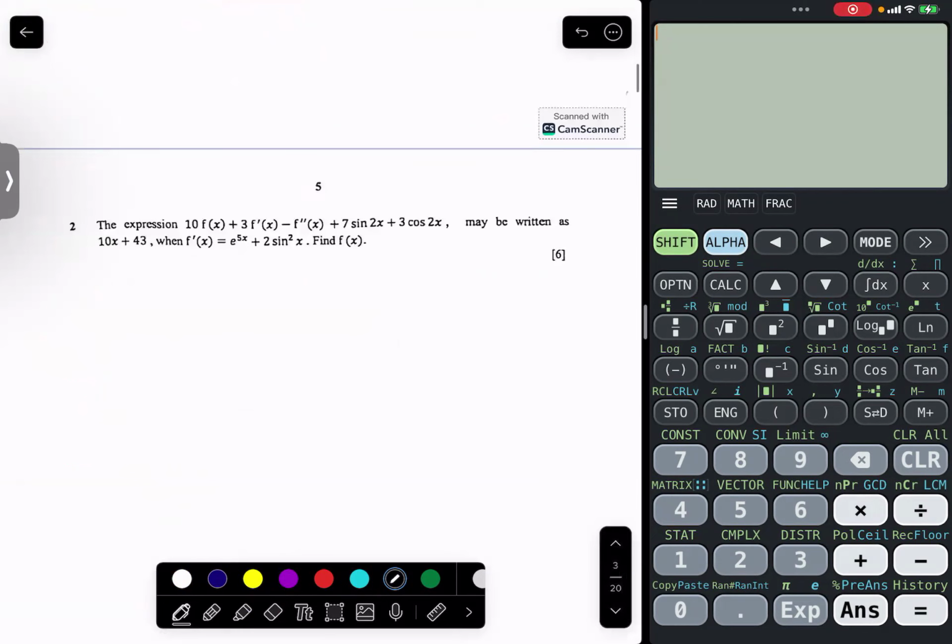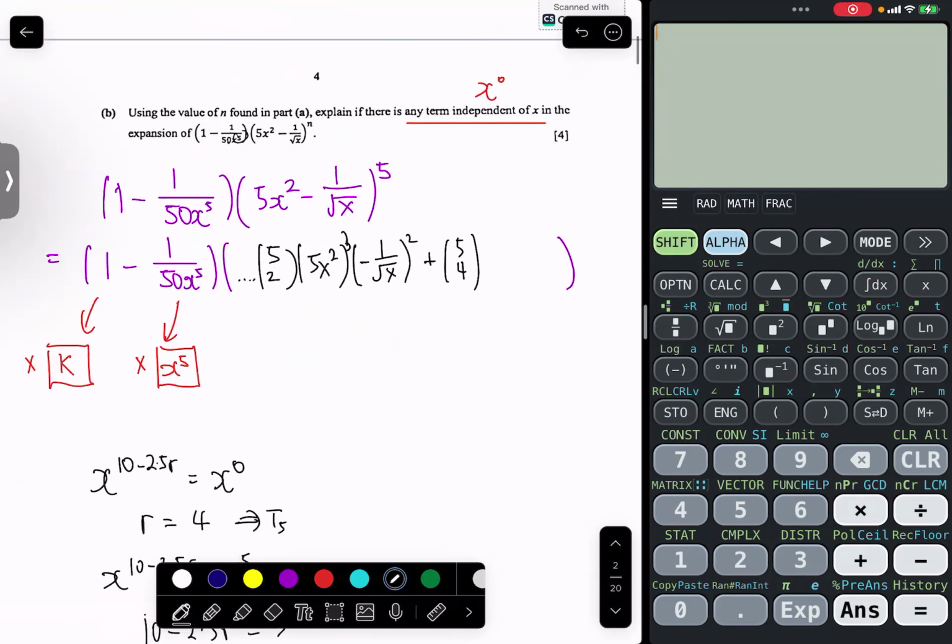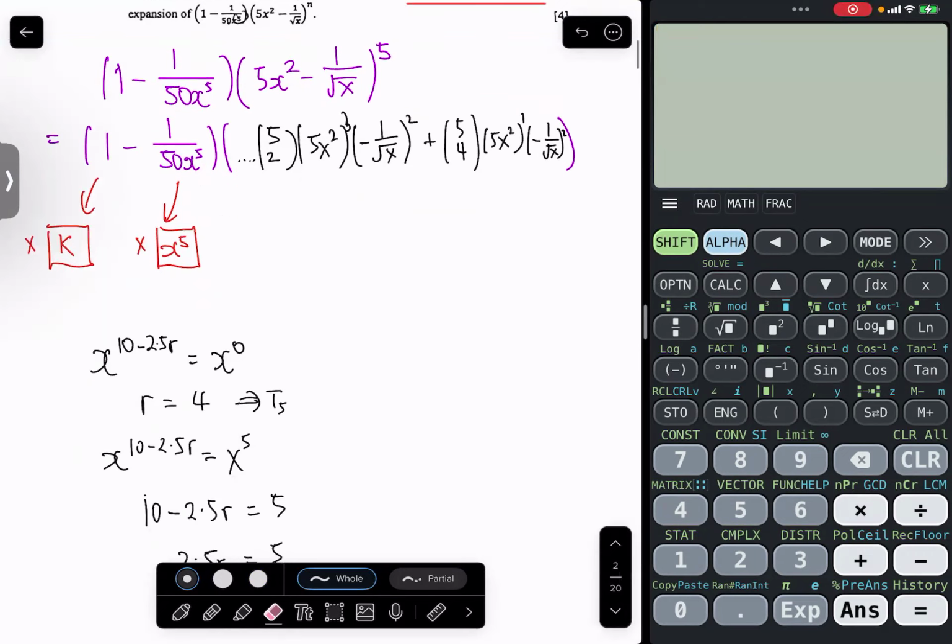Right, 5, 4. 5x squared to the power of 4 bracket, no, 5 to the power of 1, and negative 1 over root x to the power 2. Yeah, like this.